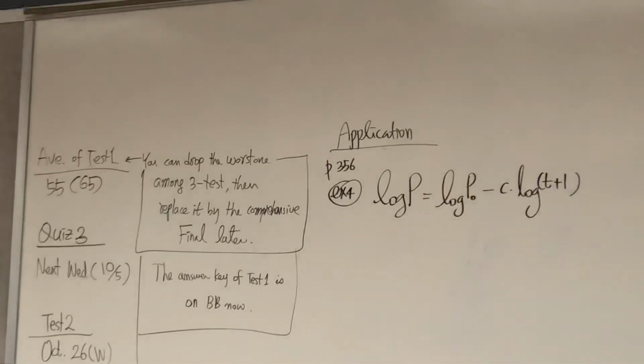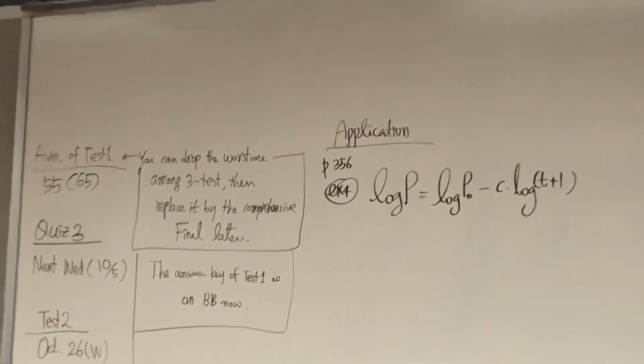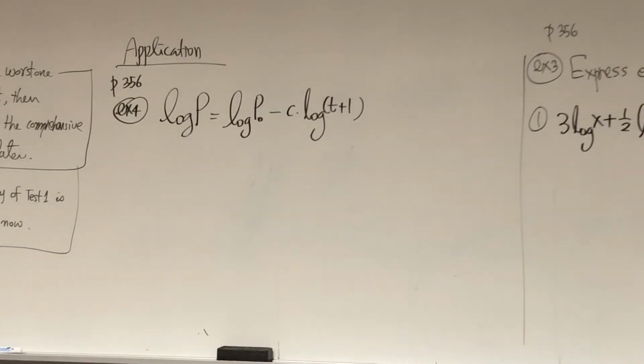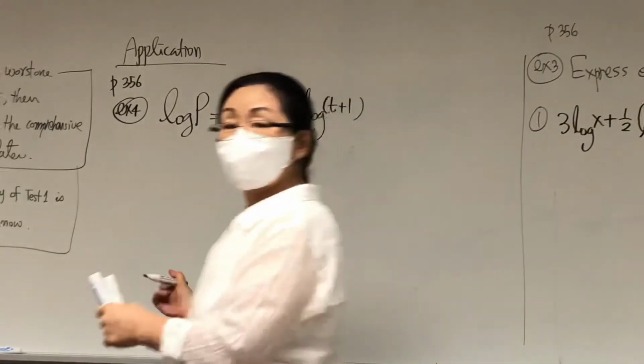This is the model about the performance level. Here, C is a constant depending on the type of task, and t is measured in months.